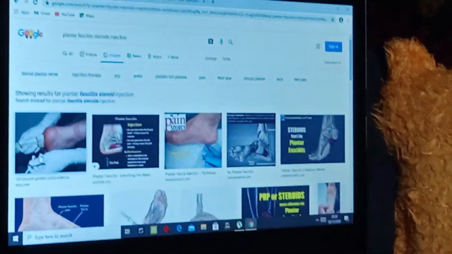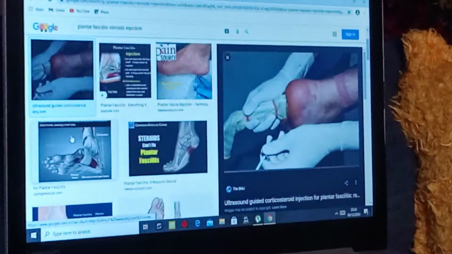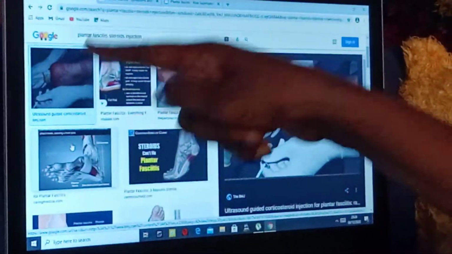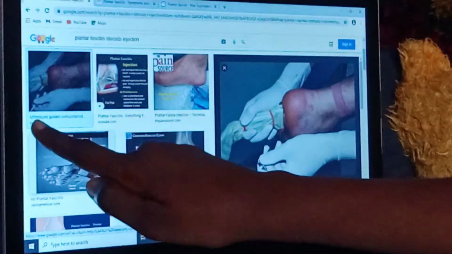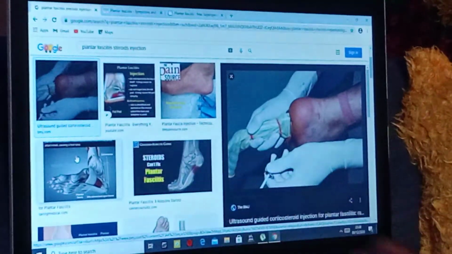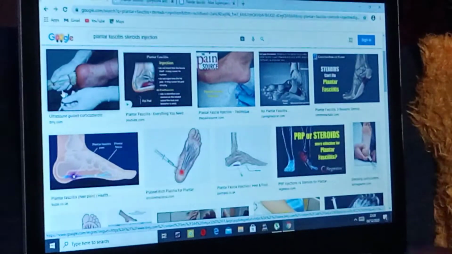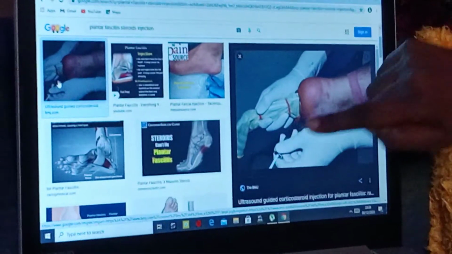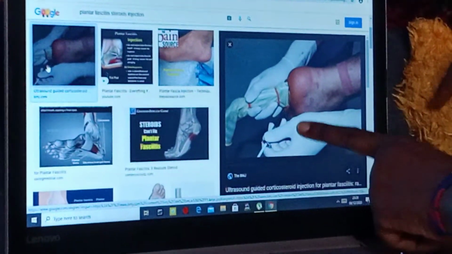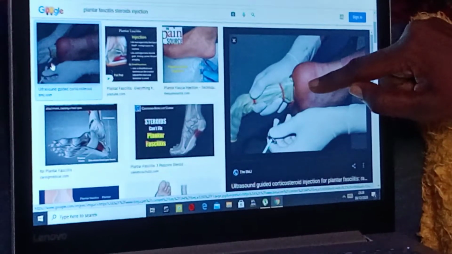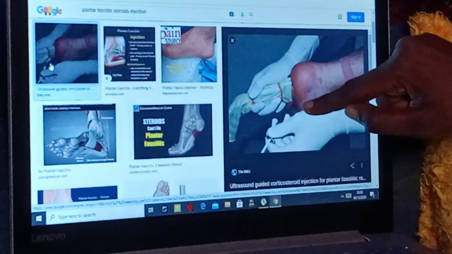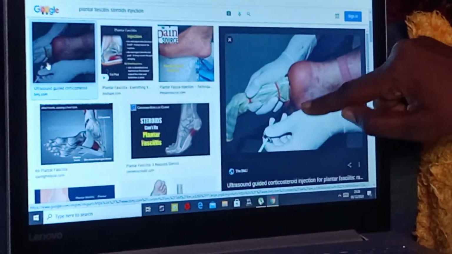This is a special injection given as a steroid on the affected area, the foot, the tendons, and this can only be done under an ultrasound. You're looking here, under an ultrasound. So the one giving the injection, as you can see here, is supposed to be directed by an ultrasound to the specific place for the injection.